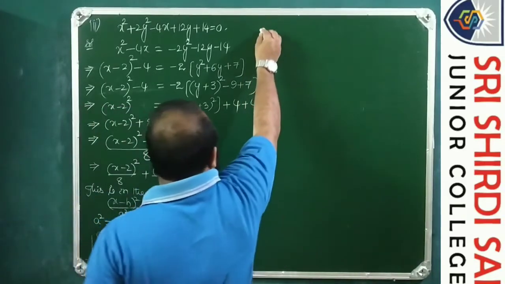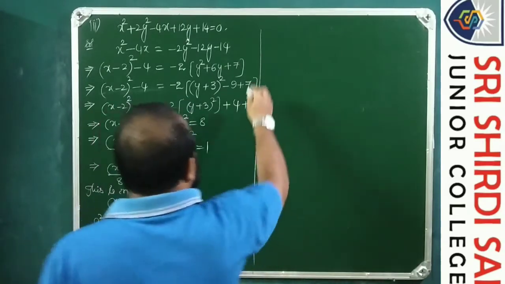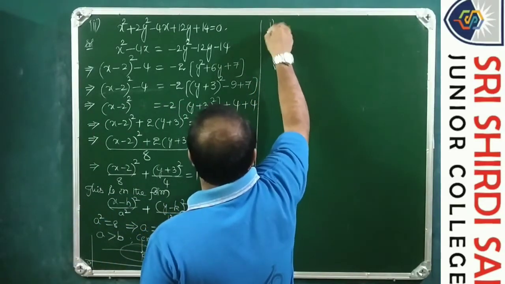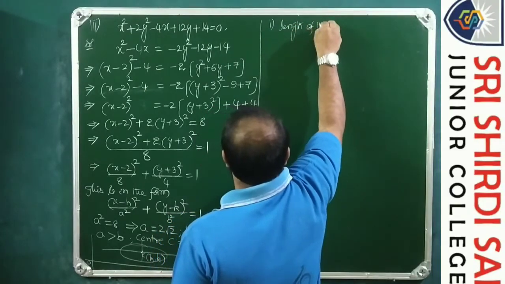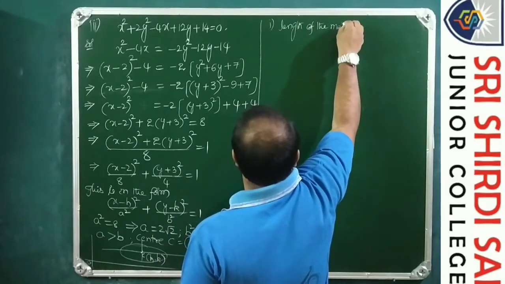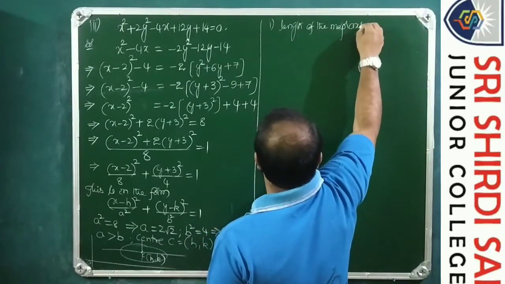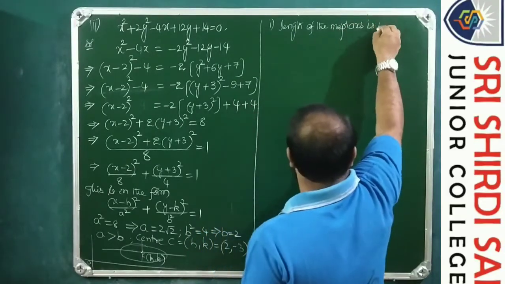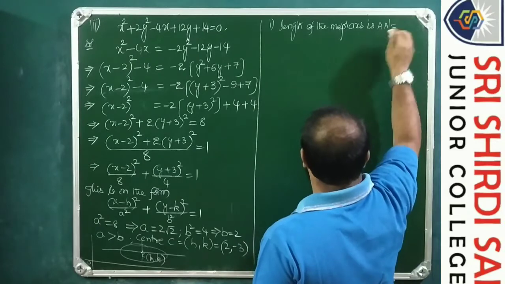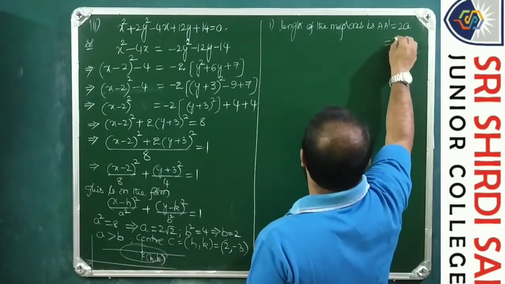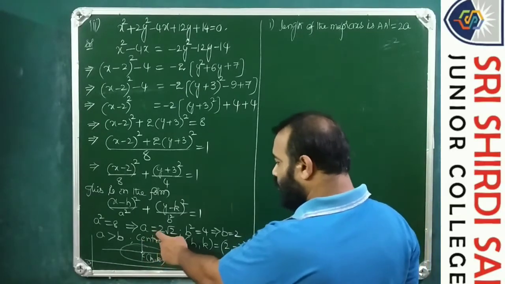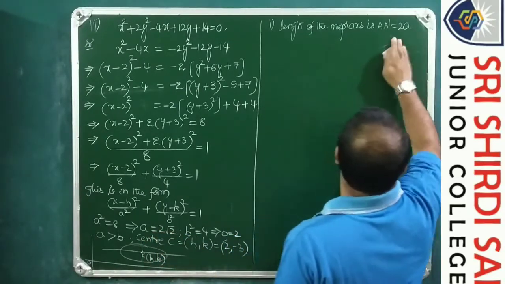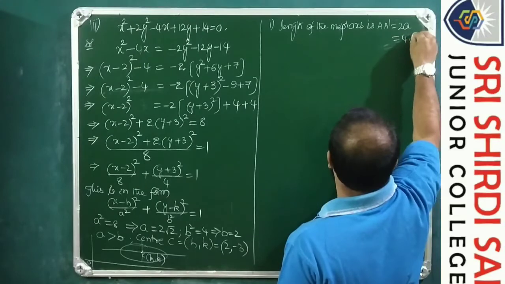For this, the length of the major axis is 2a. So 2a is 2 into 2 root 2, which equals 4 root 2.